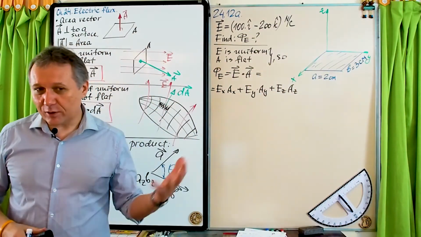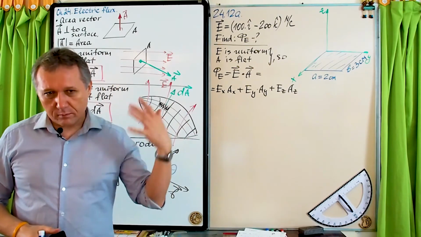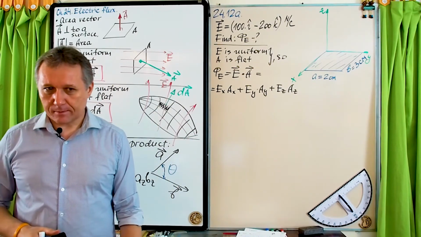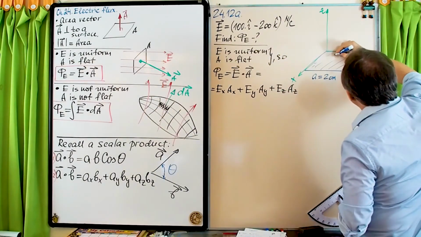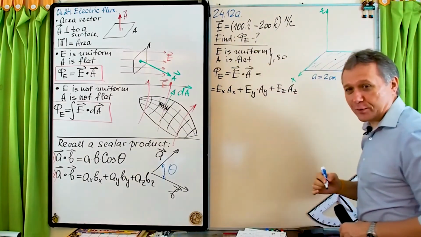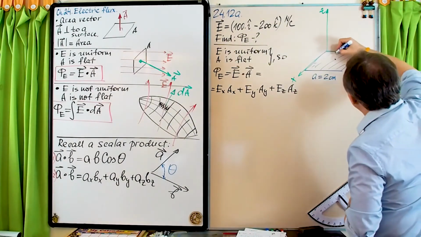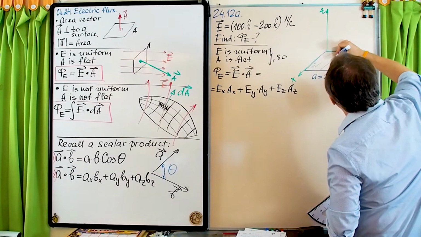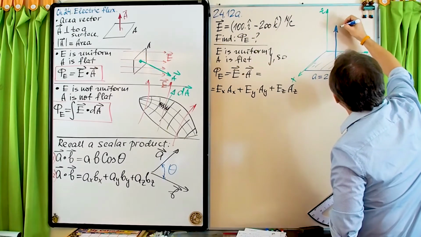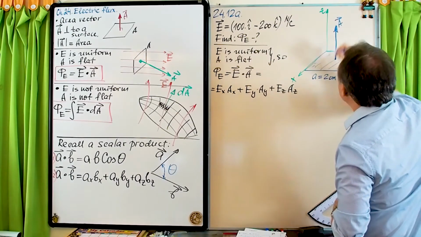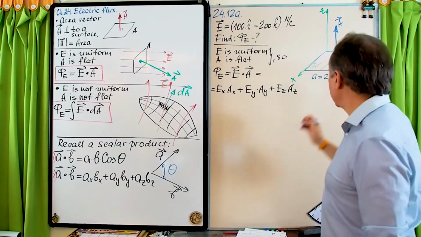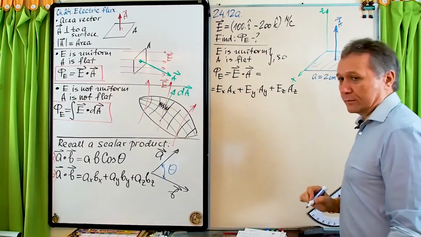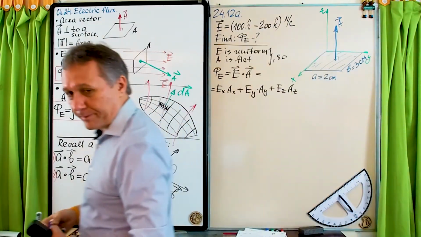But again, if you take it downward, it's not a mistake at all. But I prefer to have a positive attitude, so let's pick the area vector upward. So this is my area vector A. And again, it must be perpendicular to the surface. That's how we introduce it.